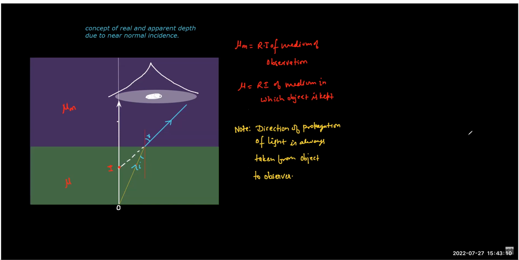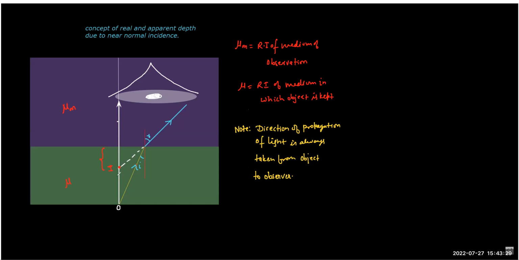So the question is how to find this relation, that is, what is the location of the image. So first of all, we have something called the interface. You can see there is an interface, and this interface is the reference line.